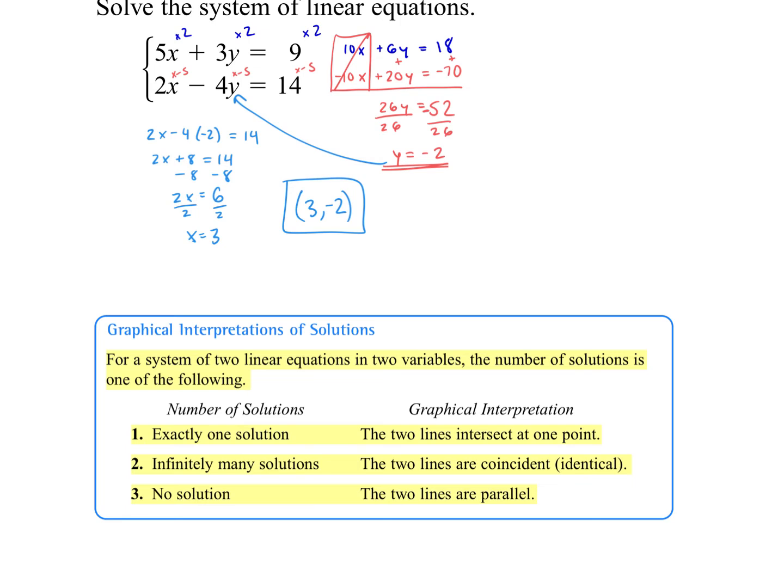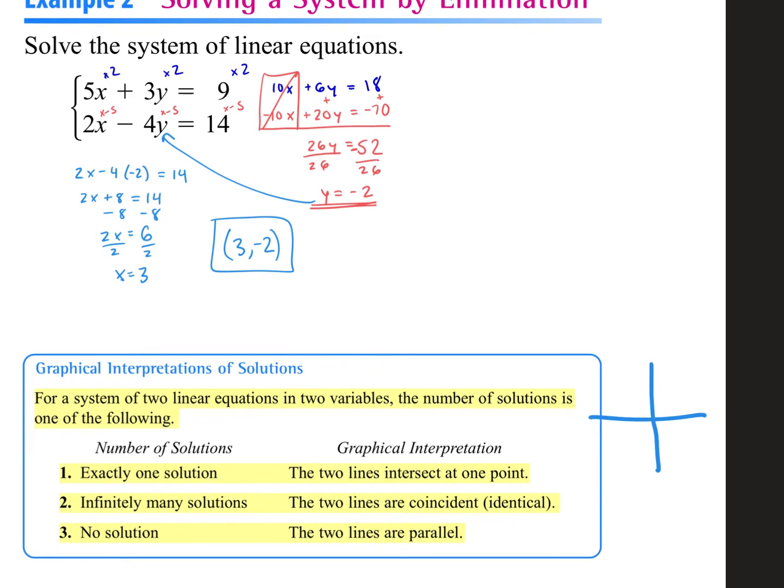We have 3 different types of solutions when we have systems of equations. So we can have exactly one solution, which is if we had 2 lines. Essentially all of these are equations of lines. If we had 2 lines that intersected at one point, that point is our solution. That's why we write our answer as a point, because it's where the 2 lines intersect.